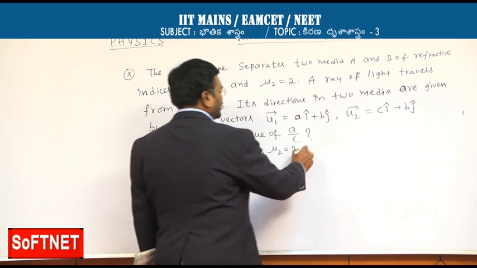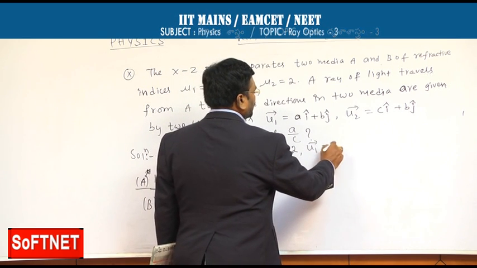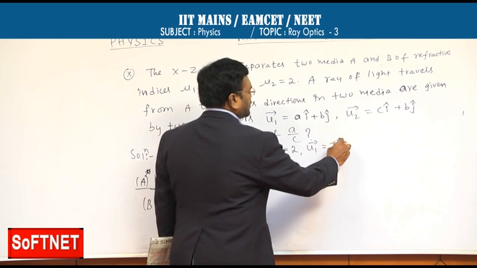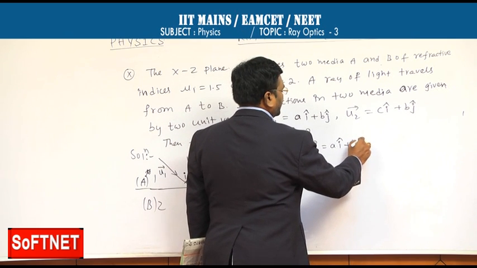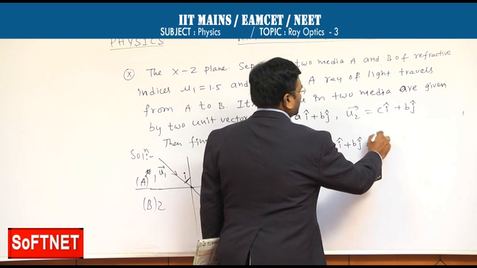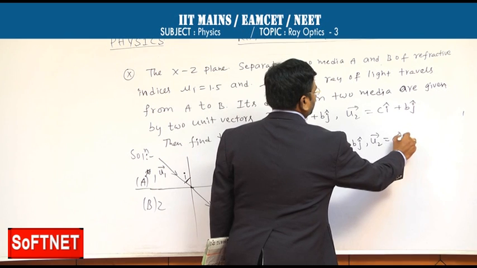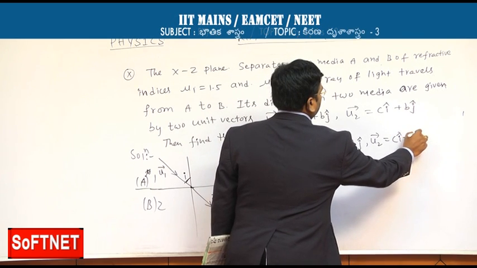What is given here? The directions: U1 bar is A i cap plus B j cap, and U2 bar is C i cap plus B j cap.